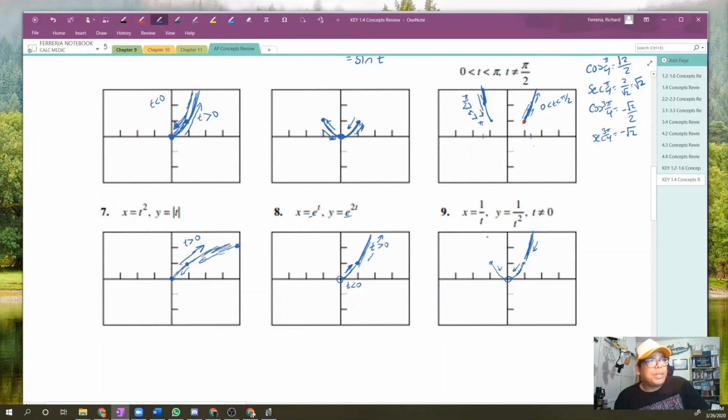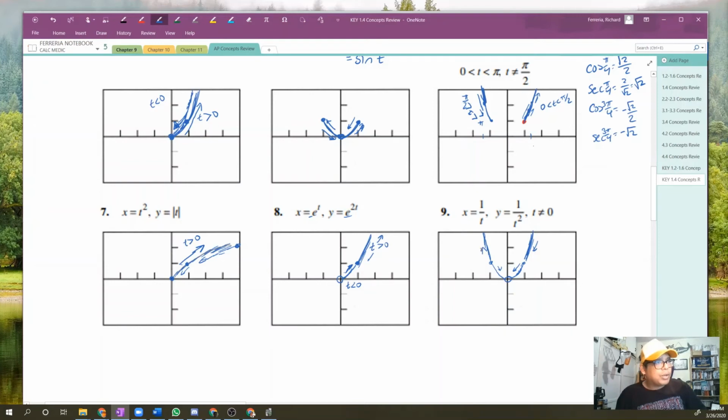Likewise, when t approaches 0 from the negative direction, we've got the x-coordinate growing, and then the y-coordinate going to the opposite direction.